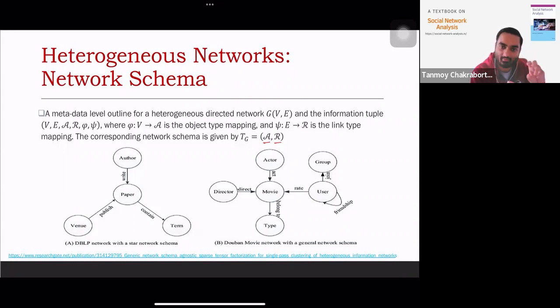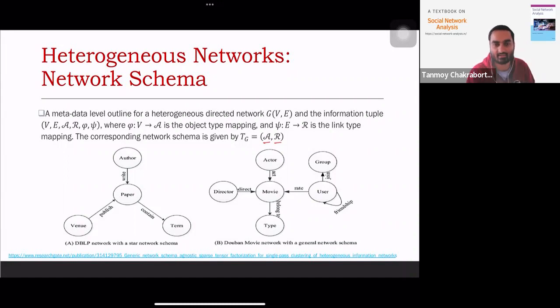Similarly, we have instances of edge types, right? If there is a link from author Michael Jordan to author Jure Leskovec, which indicates a co-authorship link, the link type is co-authorship, but the instance is a link between these two authors.